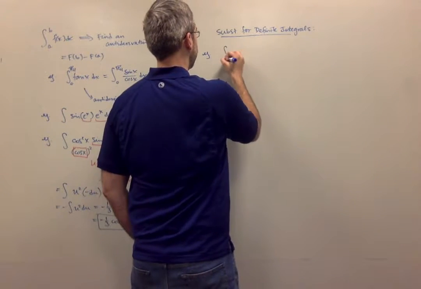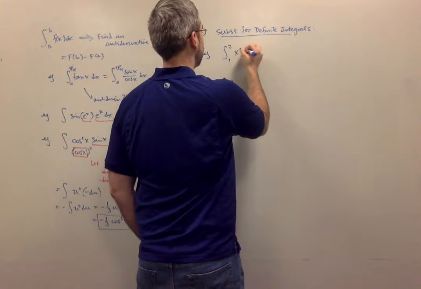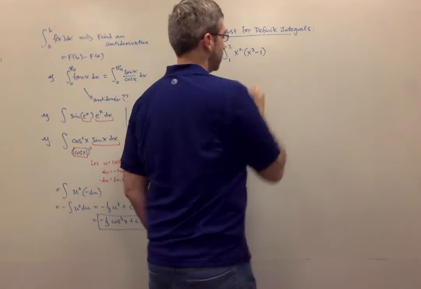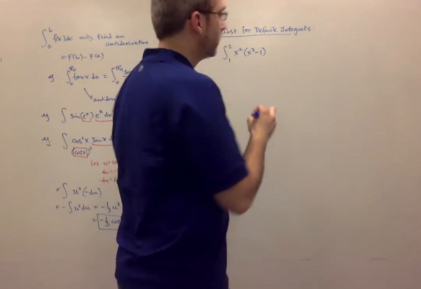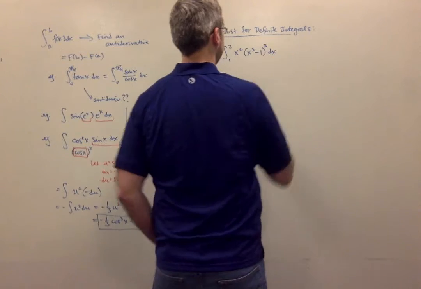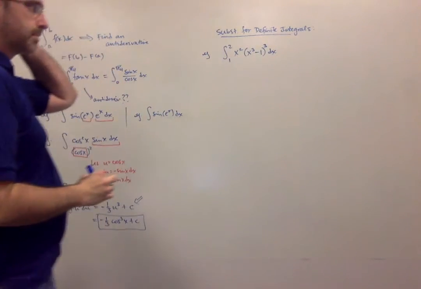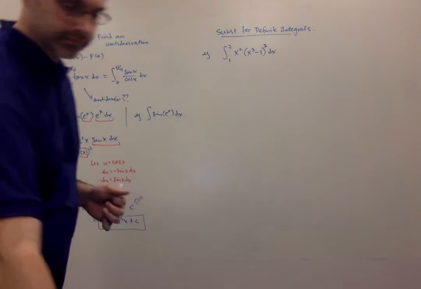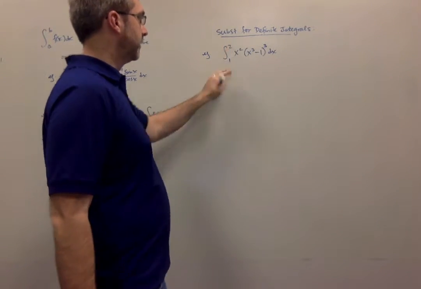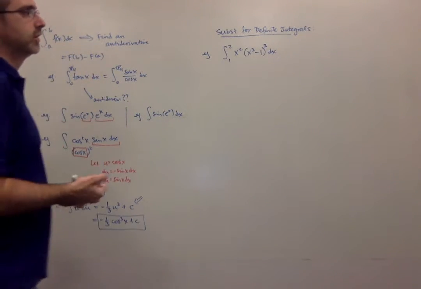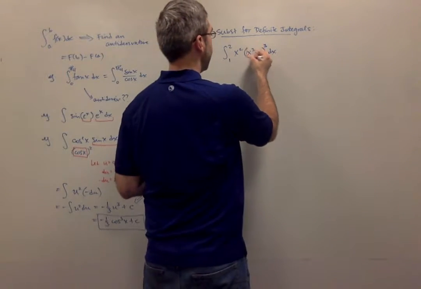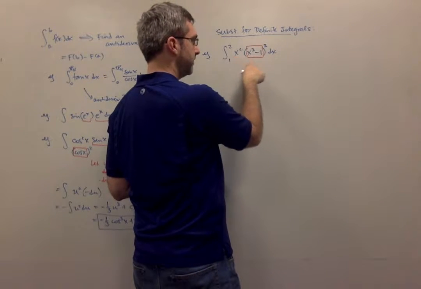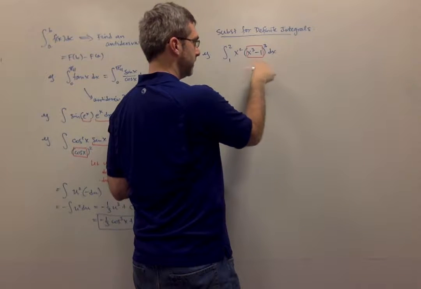Let's do the area from 1 to 2 under x squared times x cubed minus 1 cubed dx. Okay? So first of all, if 1 and 2 isn't here, this is very similar to one of these previous problems that we were looking at, and you'll notice that I have a composition here, and this thing that's sitting right here is basically the derivative of this thing.